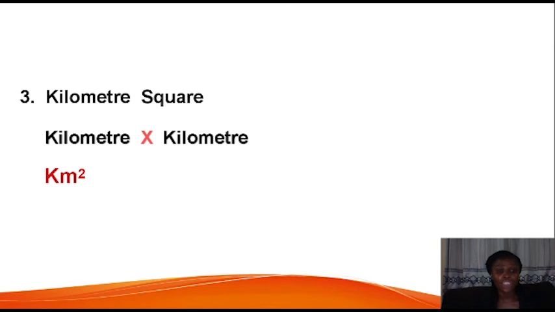Km stands for kilometer, and that small 2 hanging up there stands for square. So km square is the symbol of kilometer square.